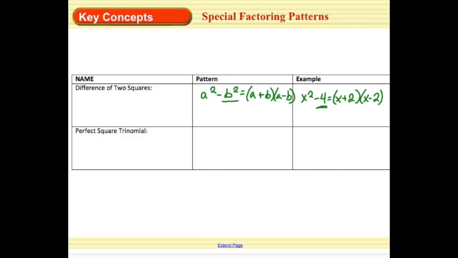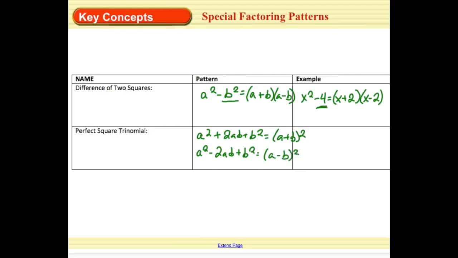Another example of a good factoring pattern is the perfect square trinomials. a squared plus 2ab plus b squared is going to equal a plus b squared, and a squared minus 2ab plus b squared equals a minus b squared.